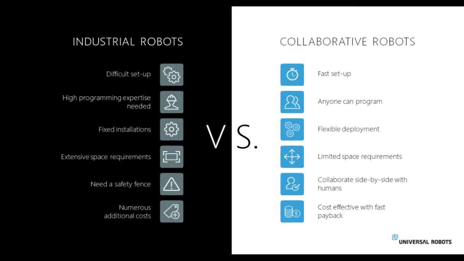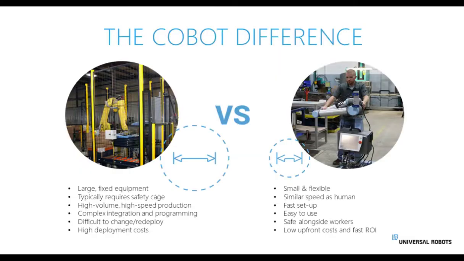Industrial robots typically are difficult to set up, have high programming expertise required, typically need safety fences, and really a big ancillary investment on top of the hardware costs. Compared to collaborative robots, which are fast to set up, have limited space requirements, and can potentially work next to humans, they can be much more cost-effective, driving that ROI down from the 2 to 3 year time frame into, in most cases, less than a year.